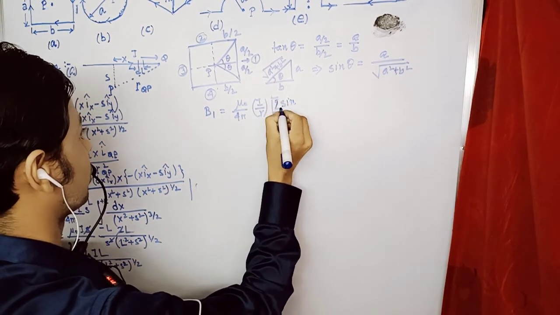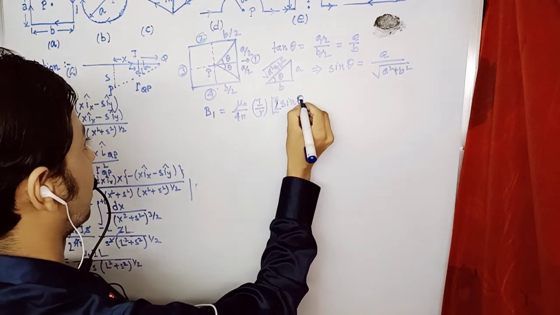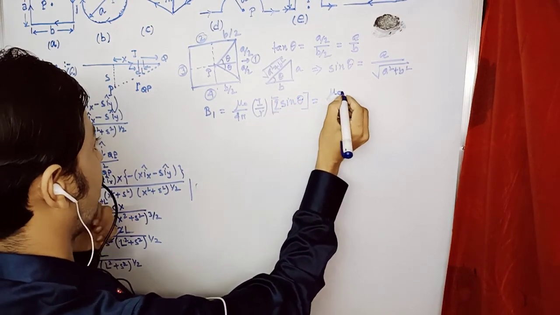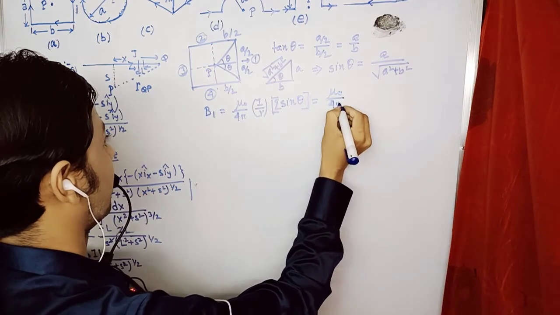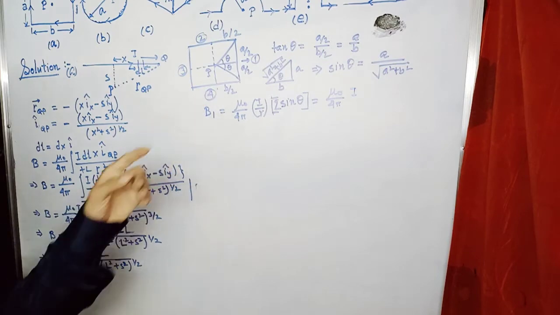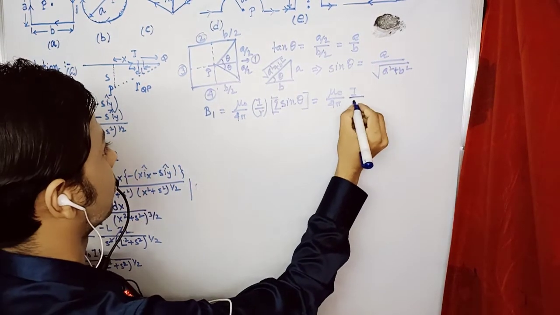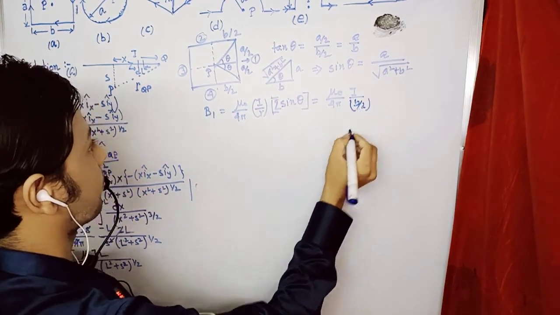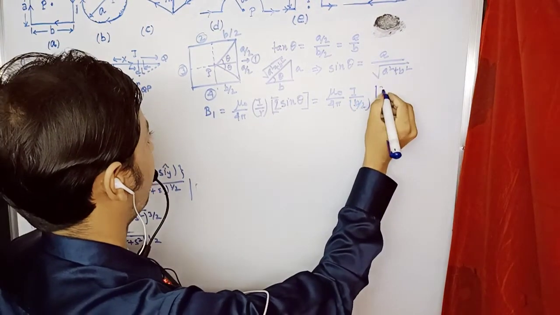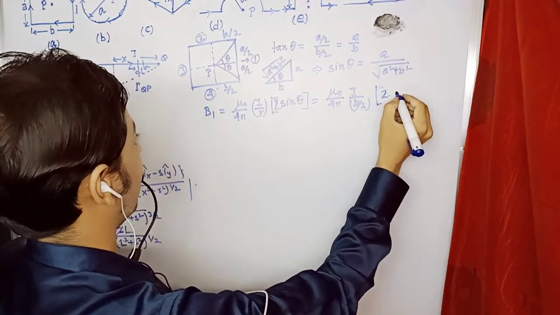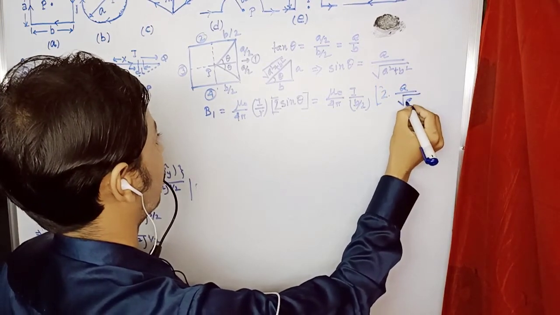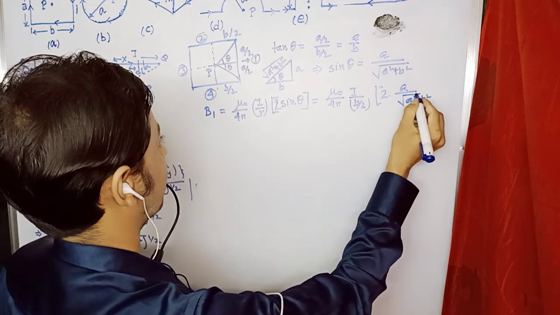It means 2 sin theta. Now we'll substitute the value of sin theta. It will be mu naught divided by 4 pi, I upon R. Now this R is equal to b divided by 2, and there will be 2, and the value of sin theta is equal to a divided by under root a square plus b square.